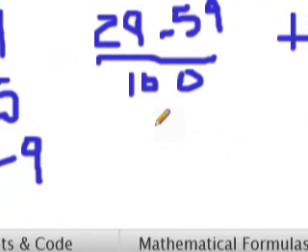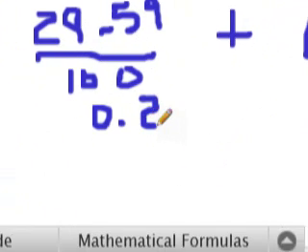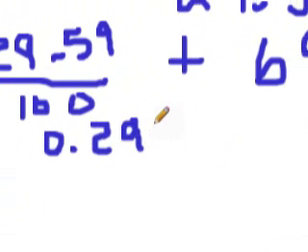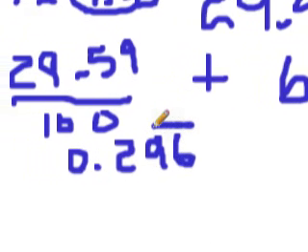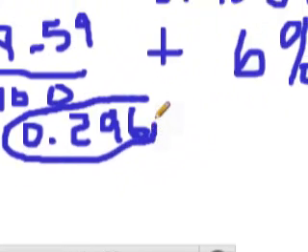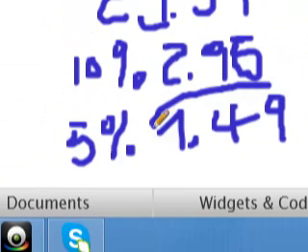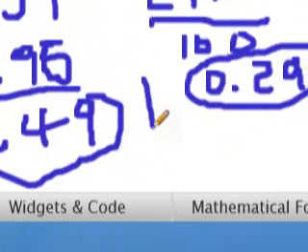So I'm going to have about 0.29, or 0.3 as an approximation. That's the 1%, and that's the 5%. So I have to add them.